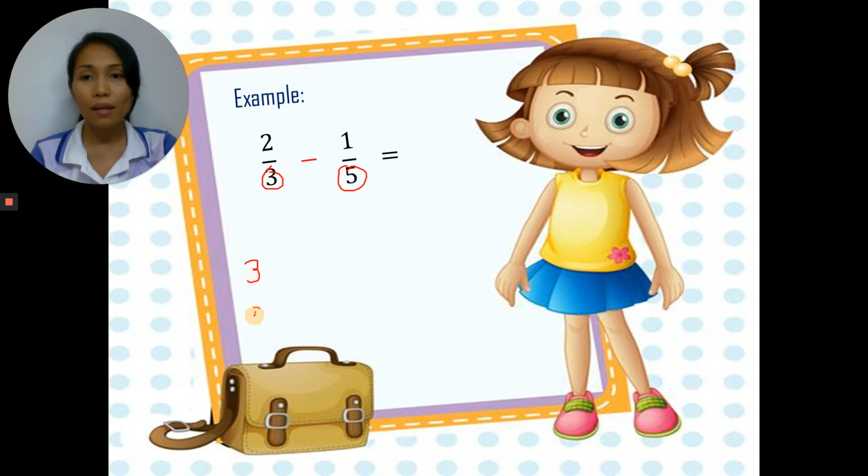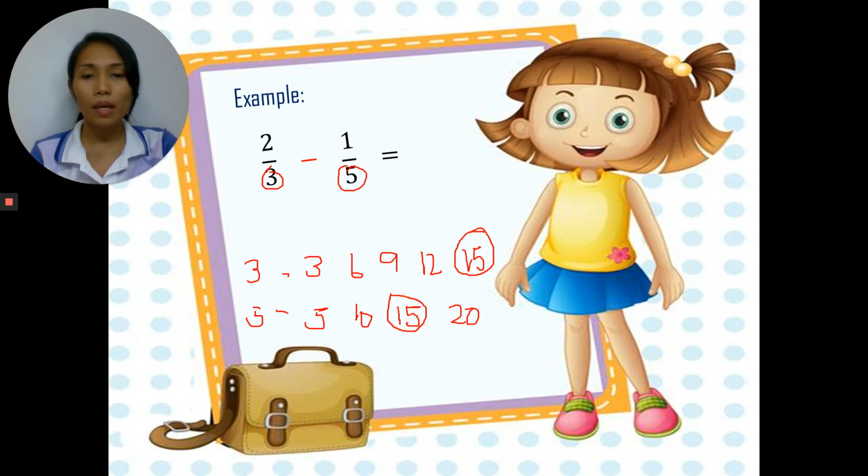Let's start with 5: 5, 10, 15, 20, right? Now for 3, we have 3, 6, 9, 12, 15. You see there we already have a common multiple. It's 15. So our new denominator should be 15.